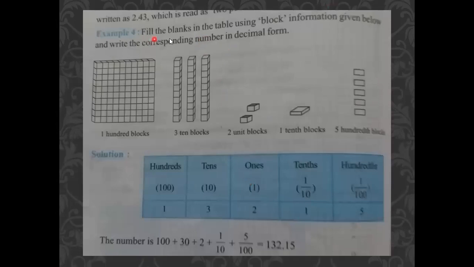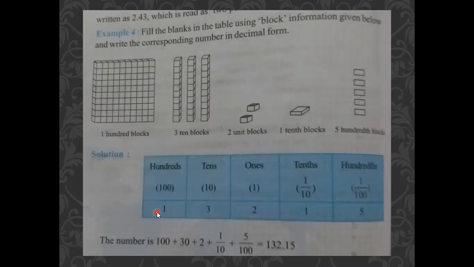Now see this example: fill in the blanks in the table using the block information given below and write the corresponding number in decimal form. This picture represents 1 hundred block, and this represents 3 ten blocks, and here these are 2 unit blocks, and this is 1 tenth block, and this is 5 hundredth blocks. So how can you write this number? If you represent it in the place value table, hundreds, tens, ones, and next is tenths and hundredths.